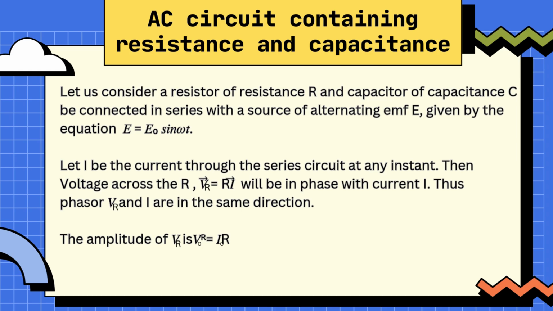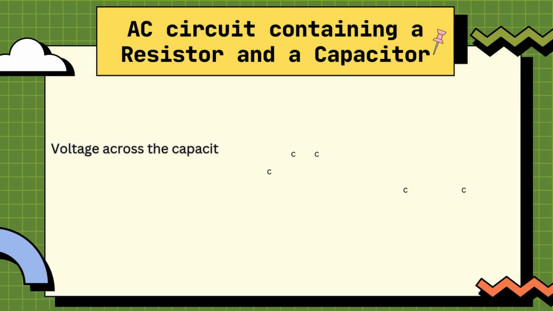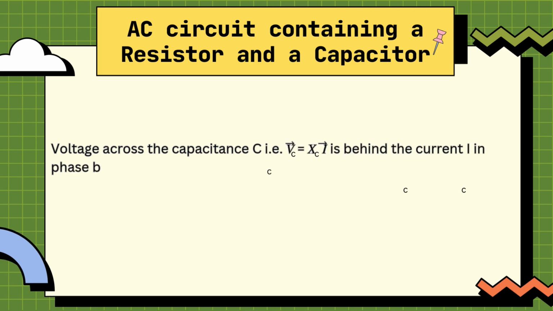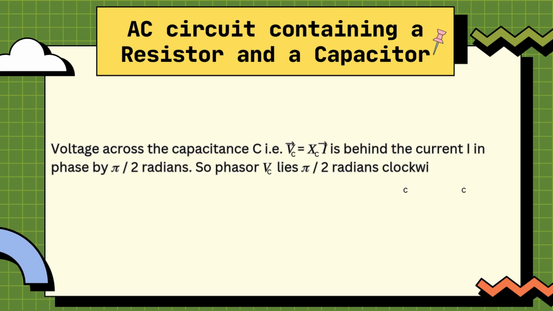Then the voltage across R is given by this relation, V_R is equal to Ri. So the phasor V_R and I are always in the same direction. So this is the amplitude of V_R. The voltage across the capacitor of capacitance C is given by this equation.